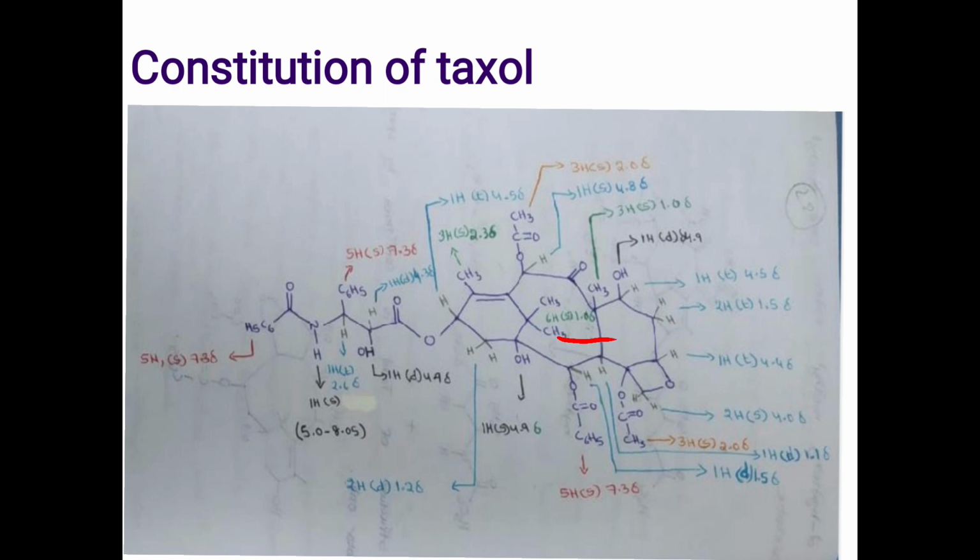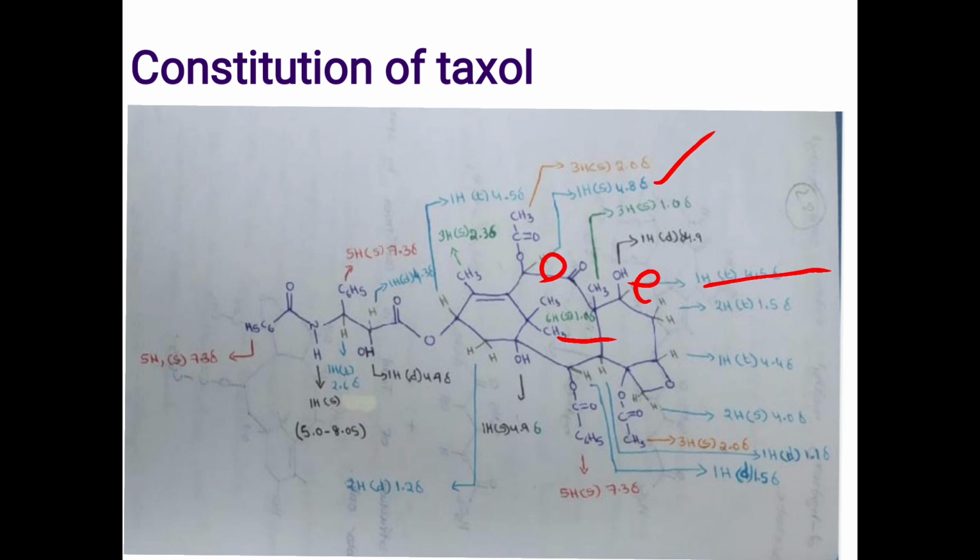Next, the protons attached to the basic skeleton structure. The proton attached to ring B shows a singlet at 4.8 delta, and another proton shows a triplet at 4.5 delta.